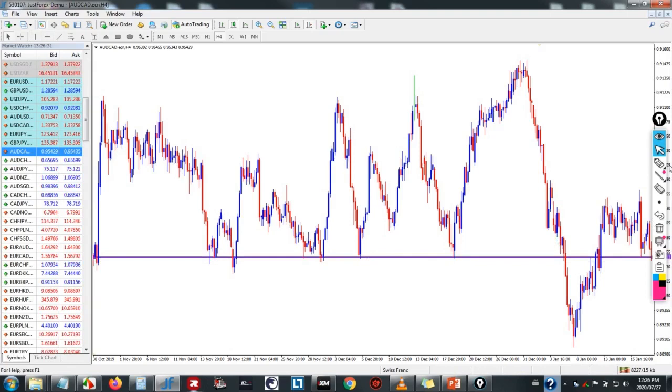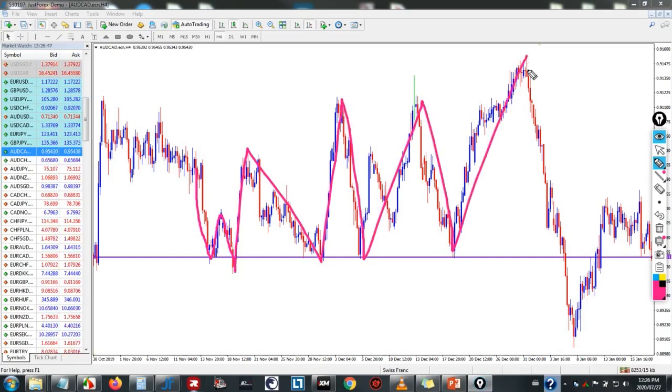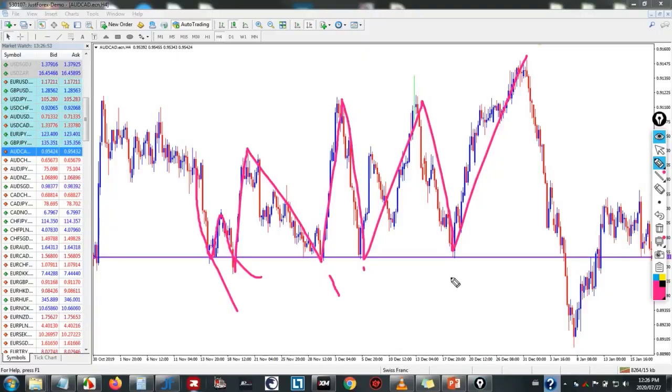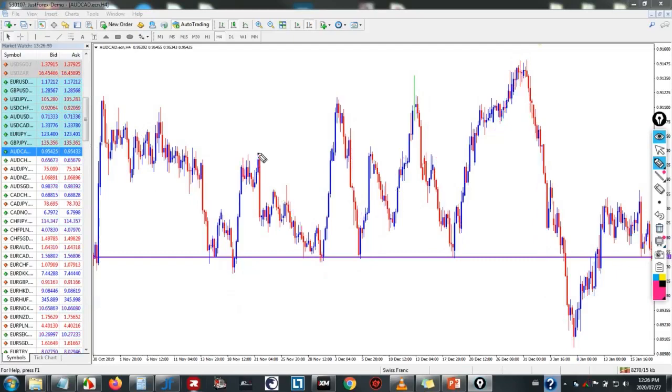We'll put it this way because it was tested once, then a fake breakout, and then respected, then tested and respected, then tested and respected, but still, even after it was tested 1, 2, 3, 4, 5 times, it was strongly broken. Okay, so now let's see if we can find the last example.